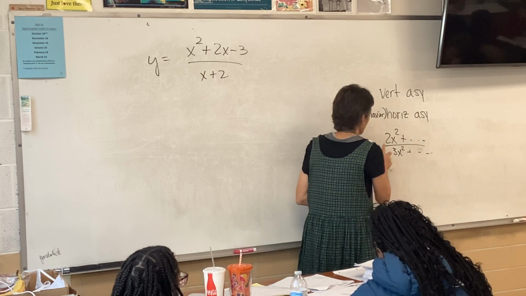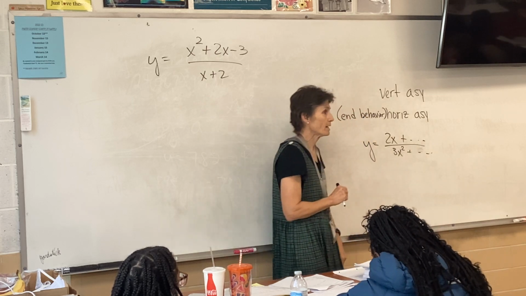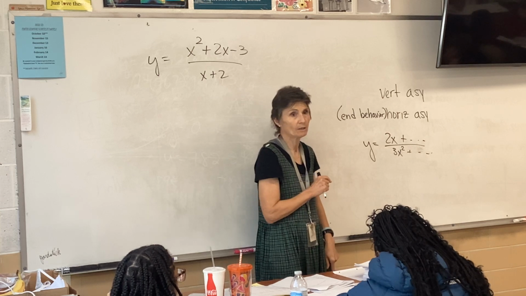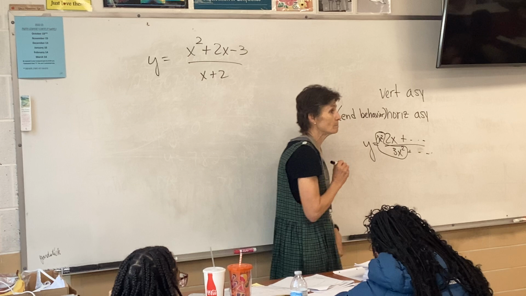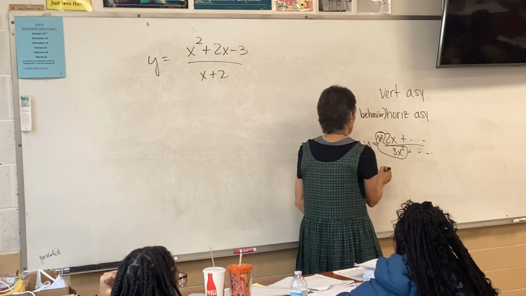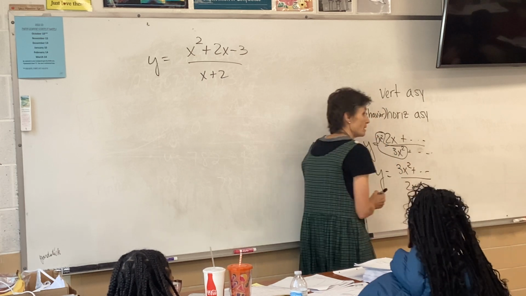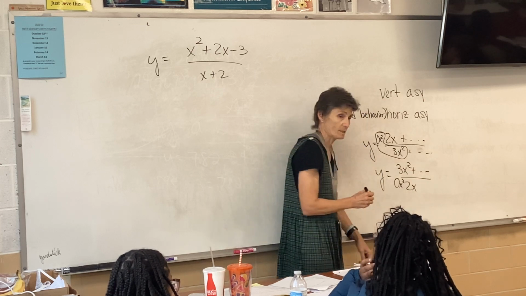If by chance I have 2x over 3x squared, that asymptote is also horizontal, but it is at 0. If I have this, then my asymptote is not going to be horizontal.